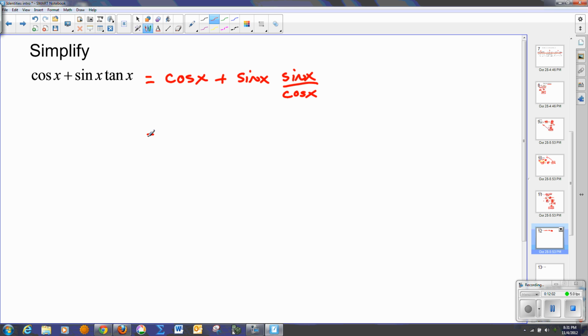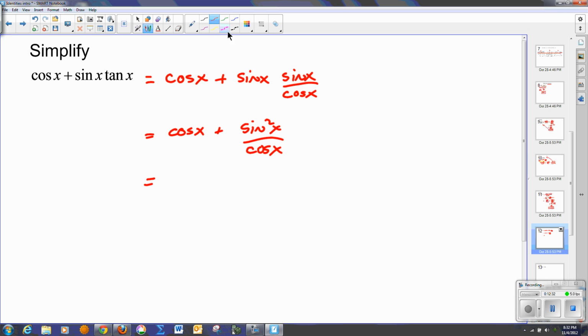Now you'll notice I have the cosine of x plus sine squared of x over cosine. Now, I could do a couple of things right now. I notice I have sine squared, and I can make that into a Pythagorean identity. But what I'm really going to have to do is notice that I have an addition here, and I have a fraction on the right side. In order to add things with fractions, I have to have common denominators.